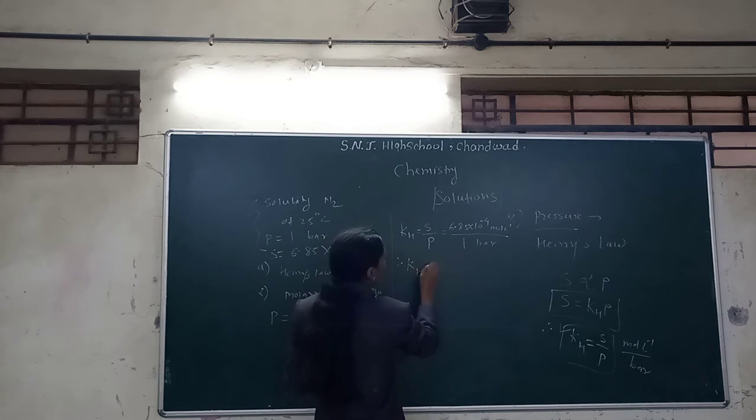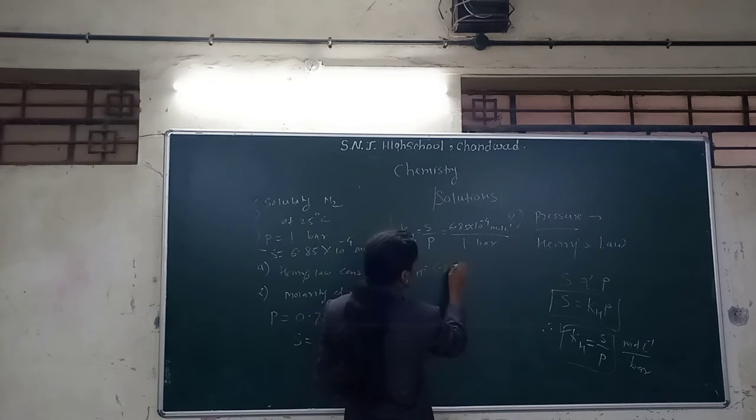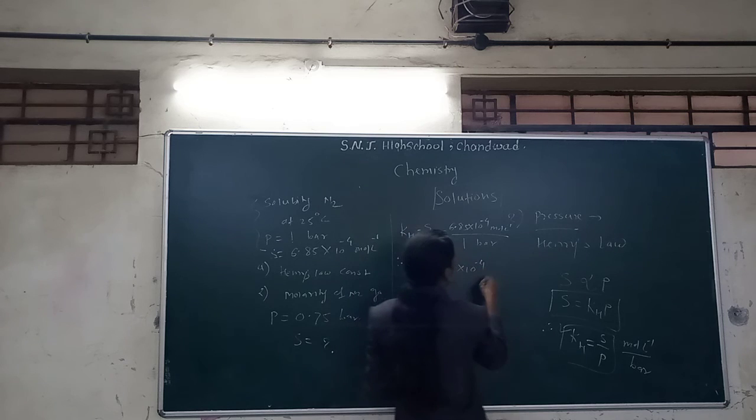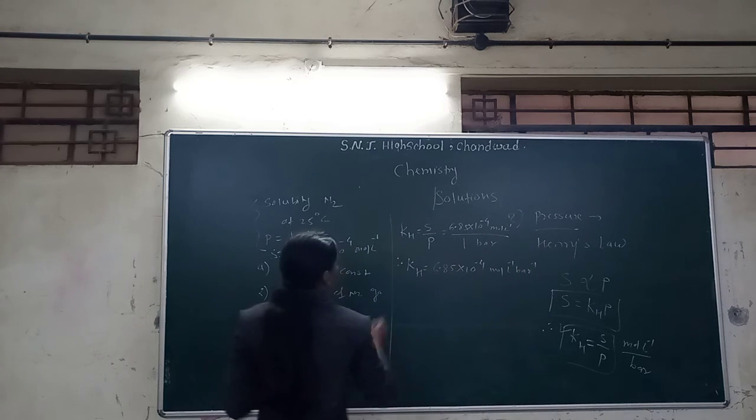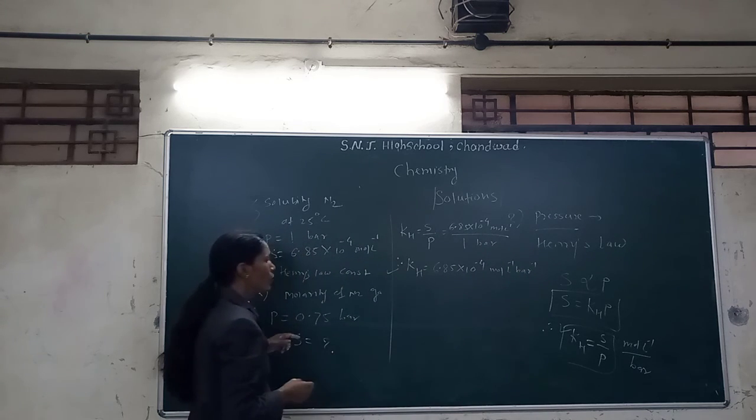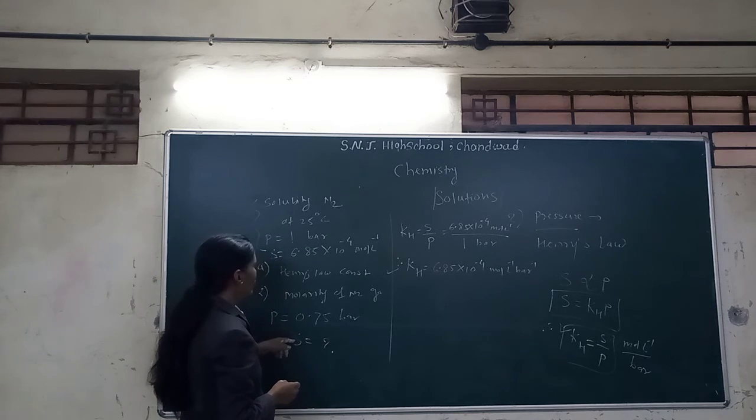Therefore, KH is equal to 6.85 into 10 raised to minus 4. Unit is mole per liter per bar. From this KH, we can calculate the value of solubility or molarity of N2.